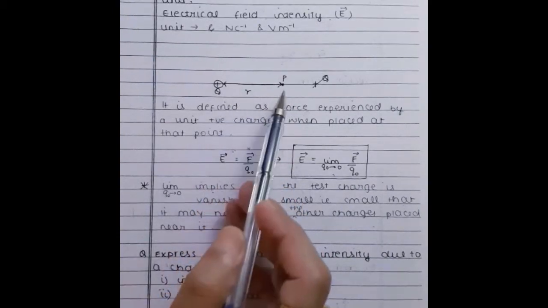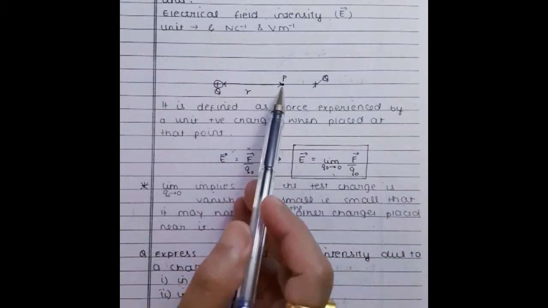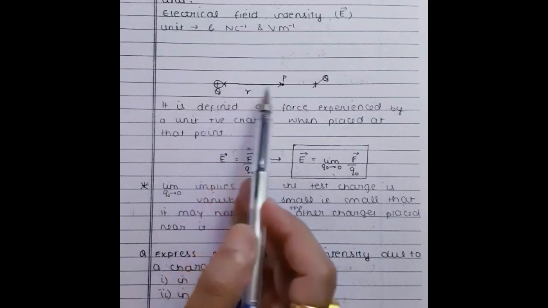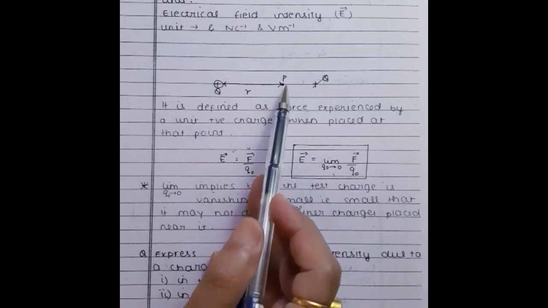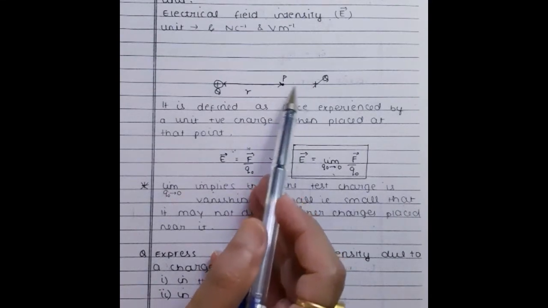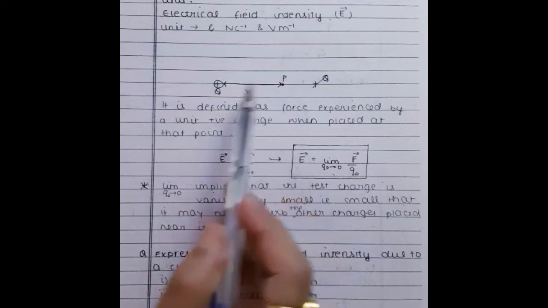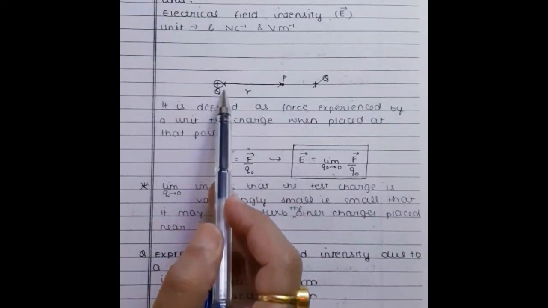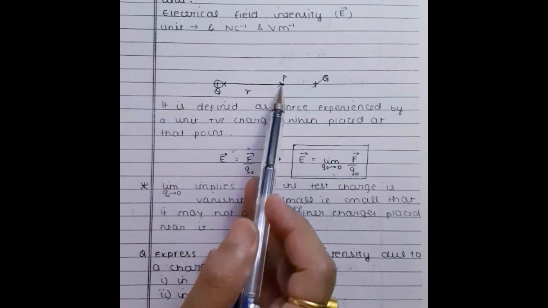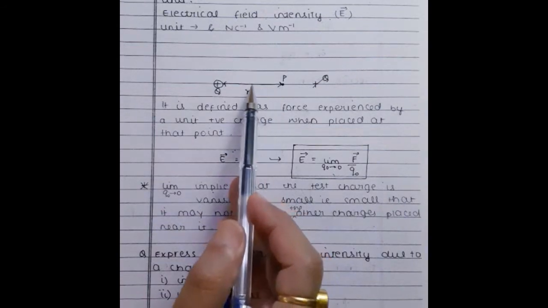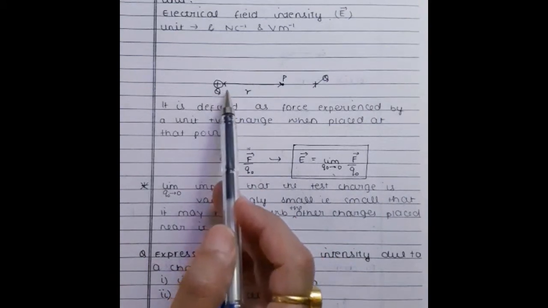Now, common sense tells us that if I keep a positive charge over here, then due to this positive charge, there is going to be a force of repulsion, and therefore the E vector should point away from the charge. If I have a negative charge, capital Q, and I keep a unit positive charge at P, then there will be a force of attraction, so the electrical field will point towards the charge.